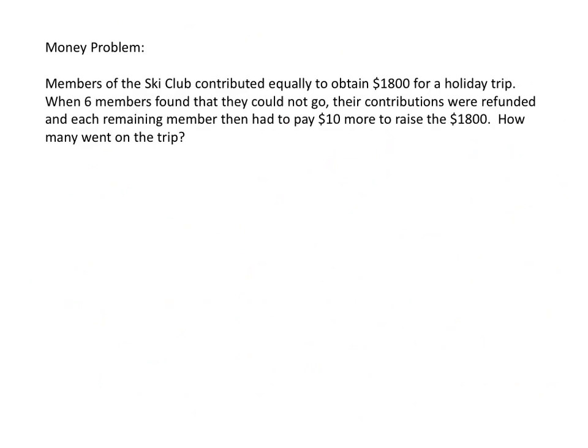The way we're going to start this is we're going to think about the total cost is equal to the number of people times the amount each person pays. So if I set up a chart for this, that's exactly what I'm going to write in.